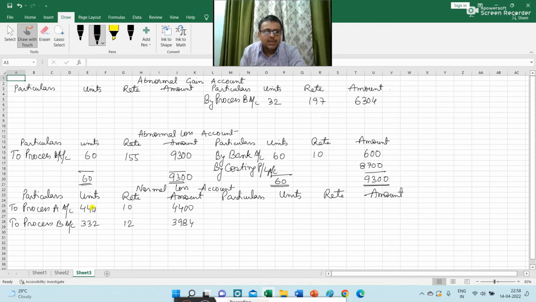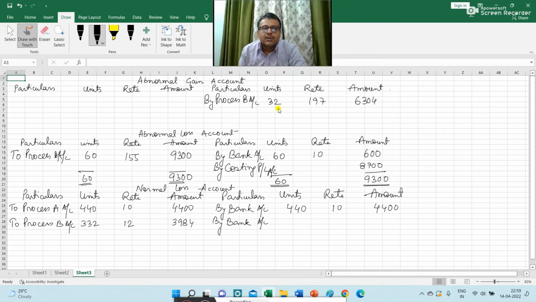Now you see how I close this normal loss account. So the units of normal loss recorded in process A will be sold as scrap. So by bank account, 440, 10, 4,400. And the units of process B account will be sold as a scrap. There are 32 units in process B account which is recorded as abnormal gain, because normal loss was recorded as 332 unit, but actual loss was 300.